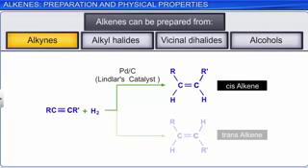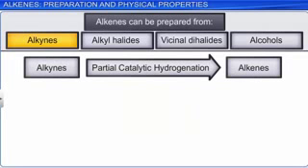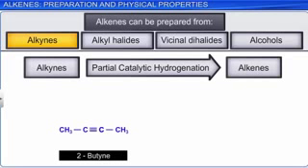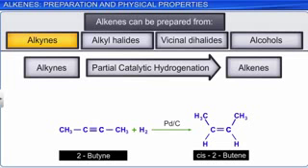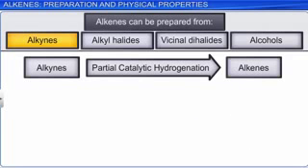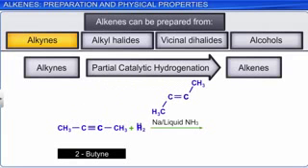When the catalyst used is sodium in liquid ammonia, the alkene obtained shows trans geometry. For example, 2-butyne on reduction with palladized charcoal in the presence of quinoline forms cis-2-butene. However, 2-butyne on reduction with sodium in the presence of liquid ammonia forms trans-2-butene.